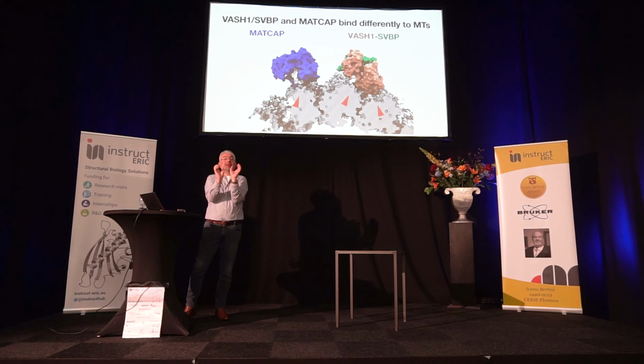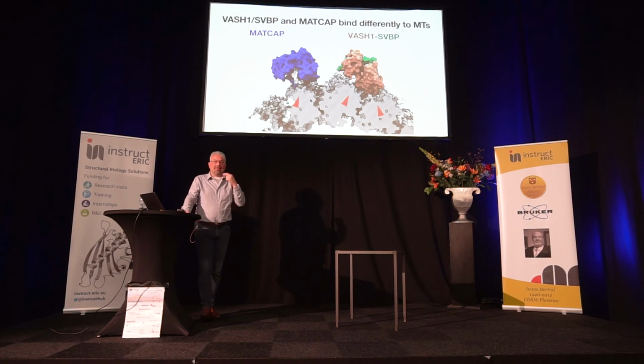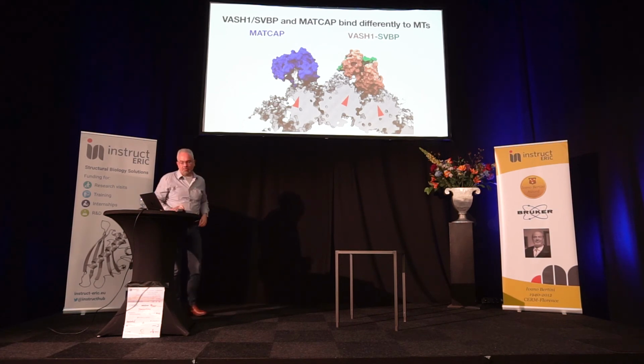So it was immediately obvious why VASH1-SVBP likes microtubules. MATCAP, you see, really binds on one protofilament. So they both seem to like the microtubules, but one binds between protofilaments and the other along the dimers of the protofilament.